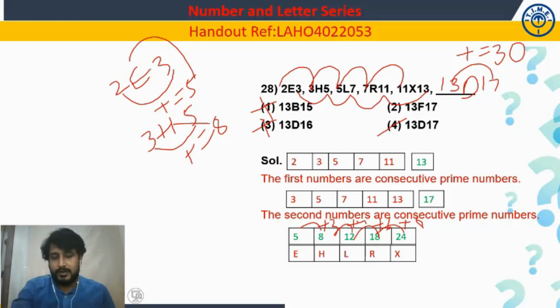But the logic is 2 plus 3, 5. And 3 plus 5, 8. Similarly, 5 plus 7, 12, which is L. 7 plus 11, 18, which is R. 11 plus 13, 24, which is X. So 13 plus 17, 30, and the 30th letter is D.